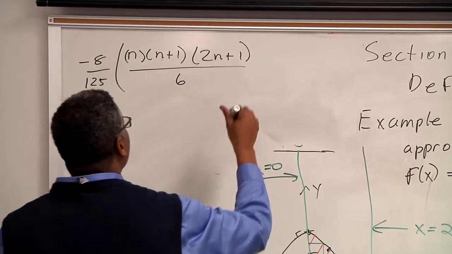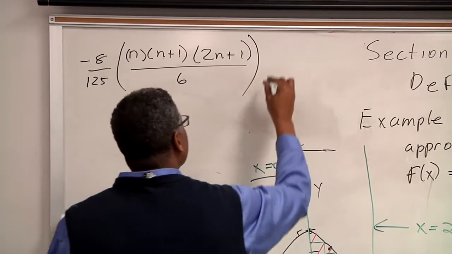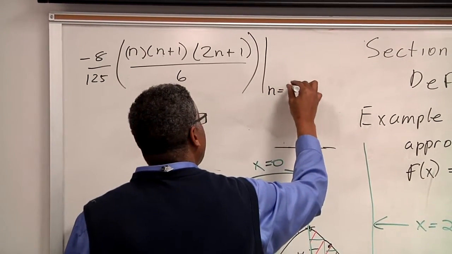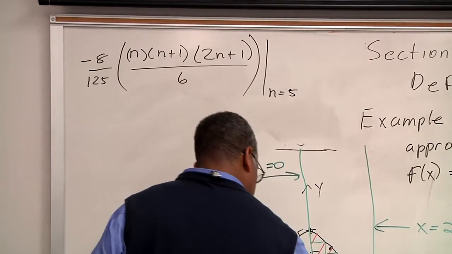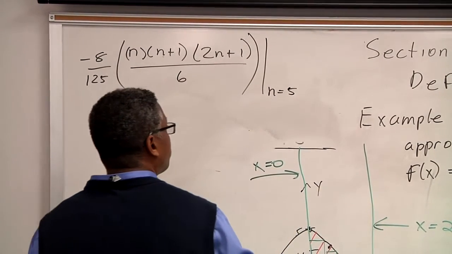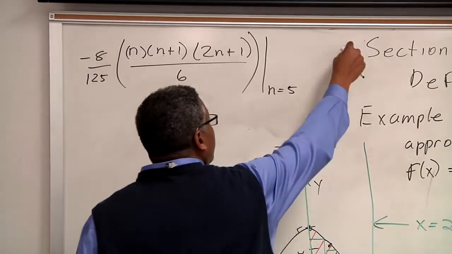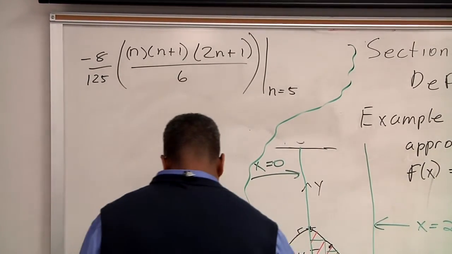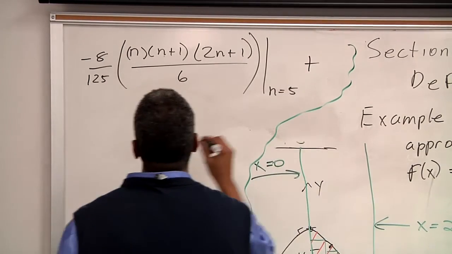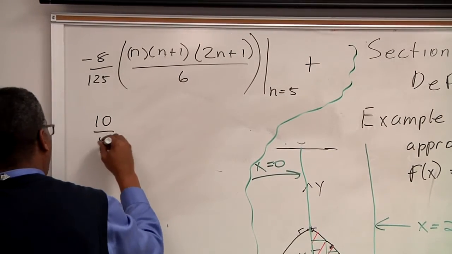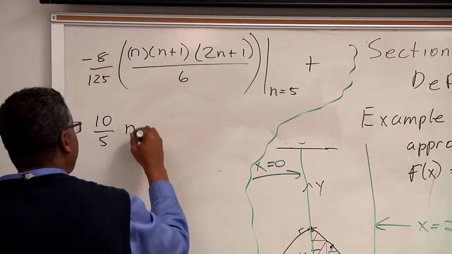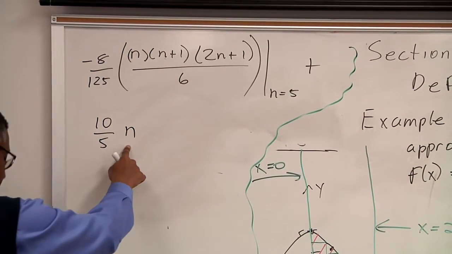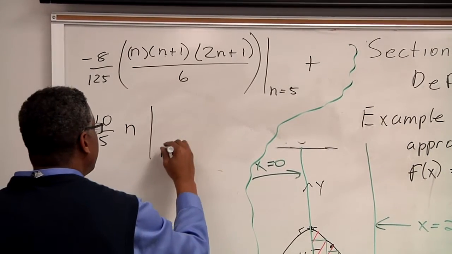And we're going to evaluate that at n equals 5. Let me make a little separation here because I don't want you to confuse what I have down here. Then we're going to add 10 over 5 times n. That's the second substitution from the formula that we talked about previously, at n equals 5.